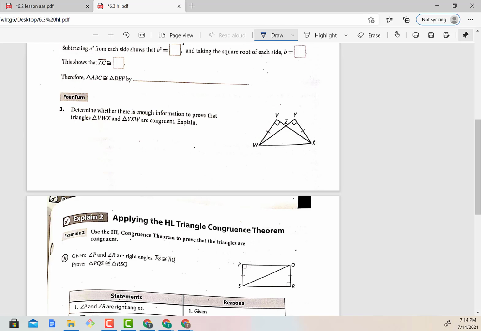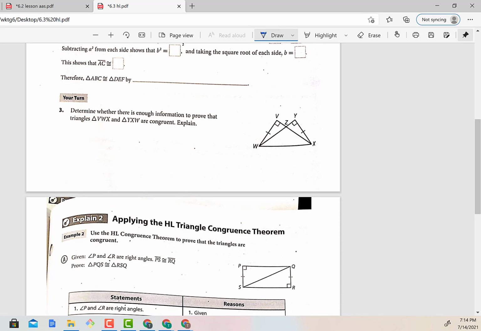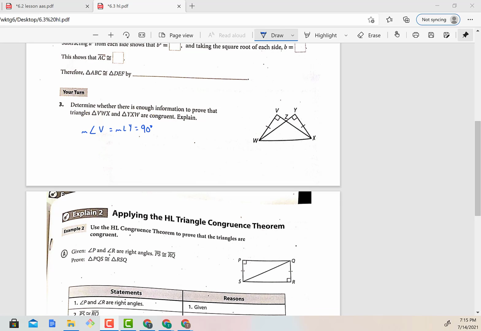All right, so we have 2 triangles. We have triangle VWX and triangle YXW. They are both right triangles. We can tell that much because angle V and angle Y are both 90-degree angles. So this is obviously setting up for HL.